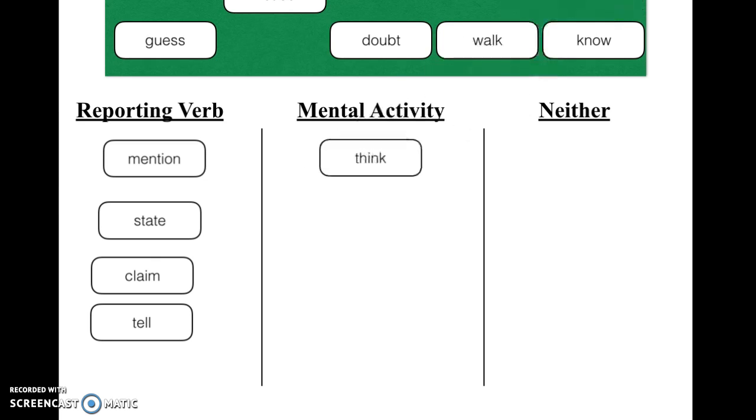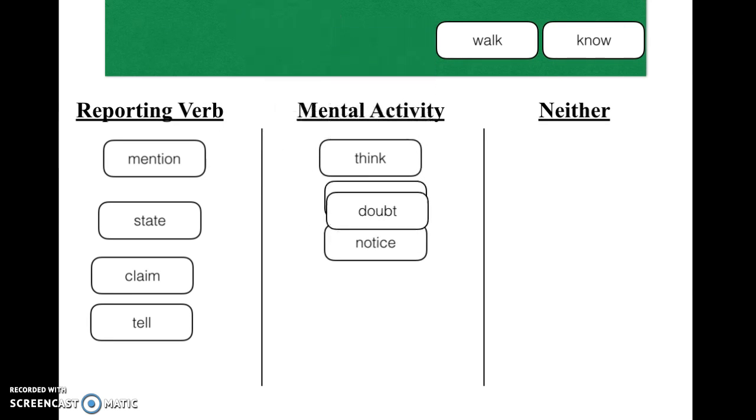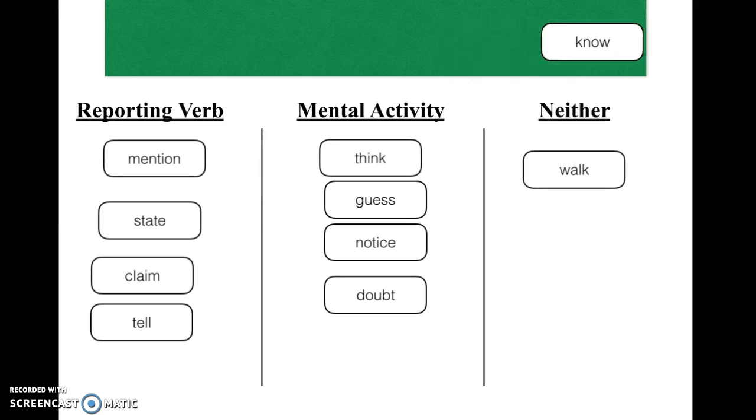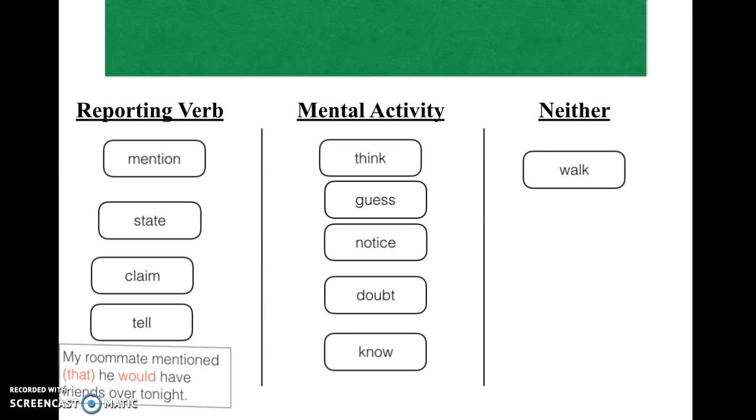For mental activity, we have think, guess, notice, doubt. Again, with all of these the brain is working to notice or guess or think about these things. Walk is neither, and obviously know is also mental activity. So with these, we very often use a noun phrase.